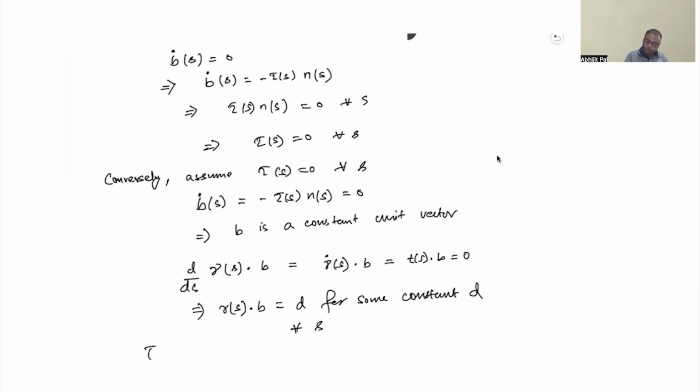Therefore the curve gamma lies in the plane r dot B is equal to d. Okay, so therefore we have proved the proposition.